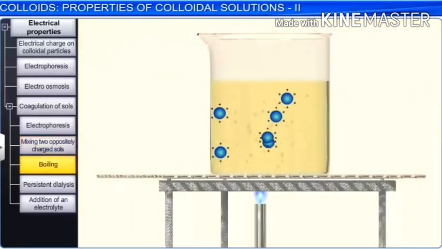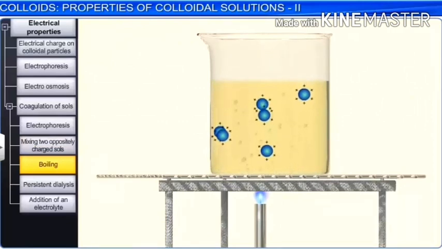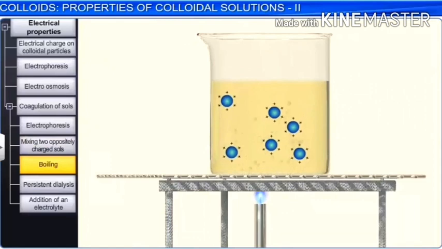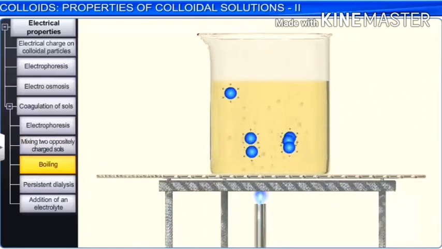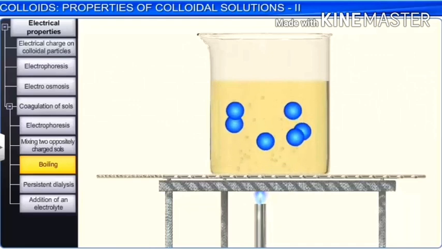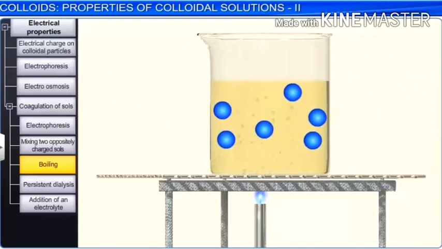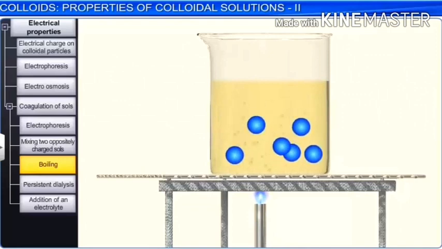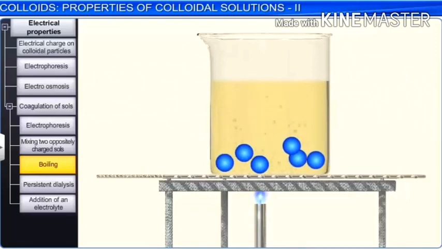The next method to get precipitated or coagulated is by boiling. When we boil a colloidal solution, the colloidal particles present in the solution collide with the particles present in the dispersion medium. When they collide with each other, it results in the reduction of the charge on the colloidal particles.